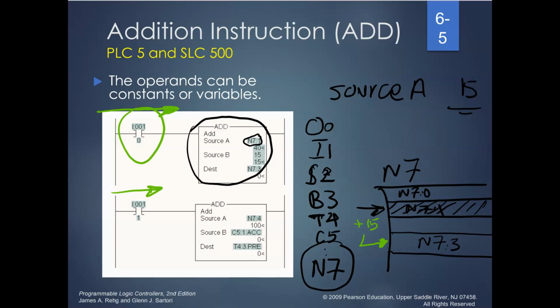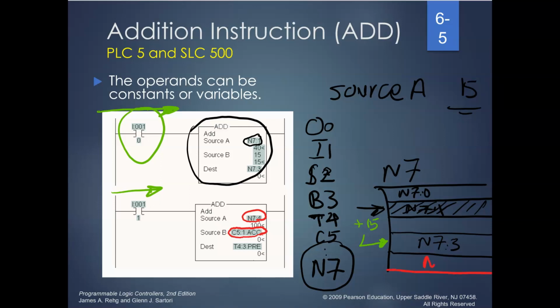Here we are adding the accumulator value of counter 1. C5:1 refers to counter 1, and .ACC refers to the accumulator value. So we are adding the accumulator value of counter 1 to the integer value at N7:4.